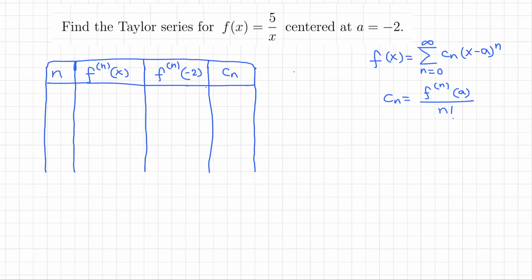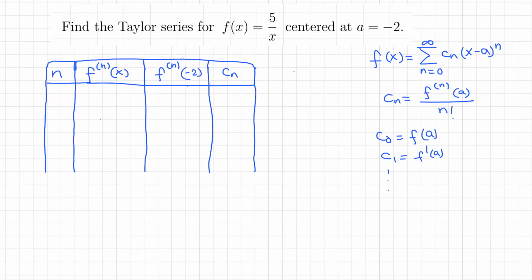So we want to find a couple, like C0. C0 would be the 0th derivative, which means the function itself evaluated at a, divided by 0 factorial. 0 factorial is 1. Then we'll find C1: the first derivative of the function evaluated at a, divided by 1 factorial.